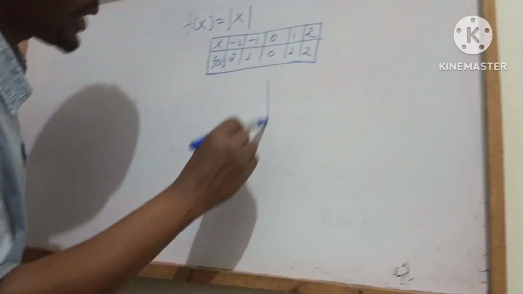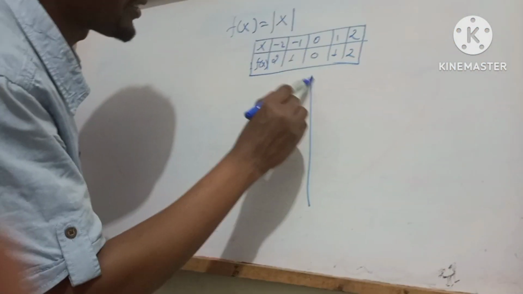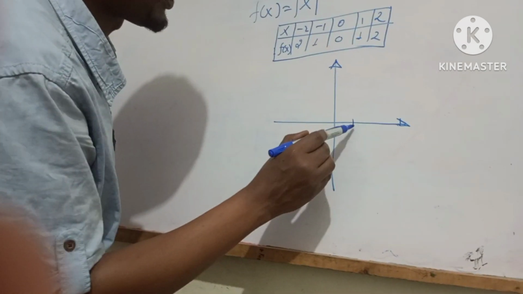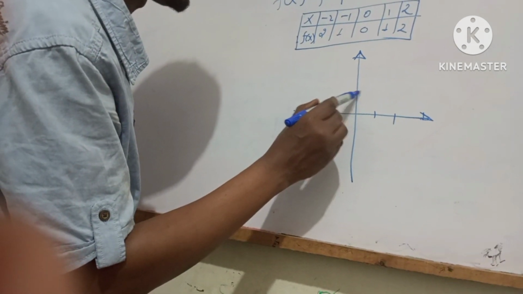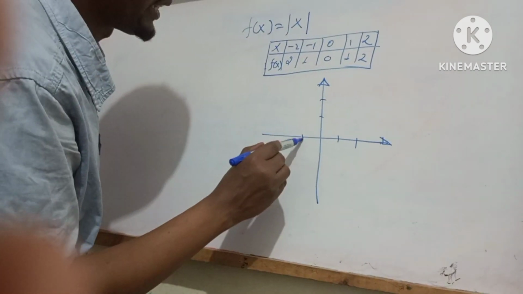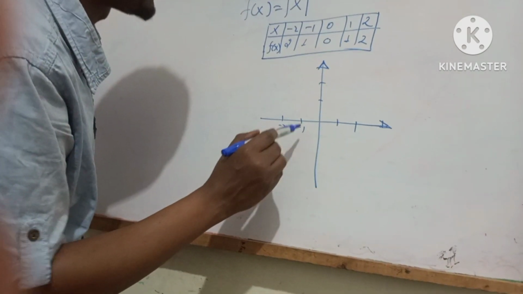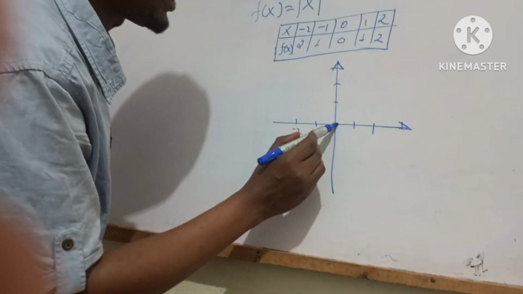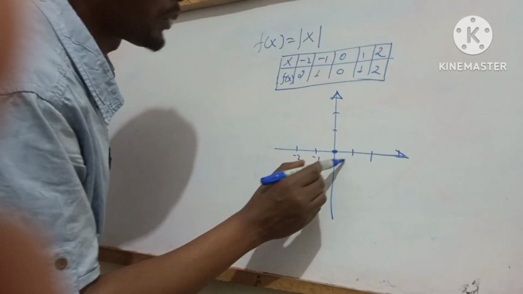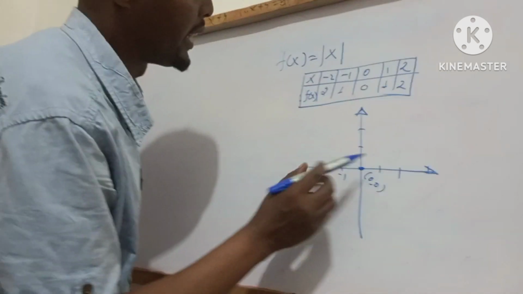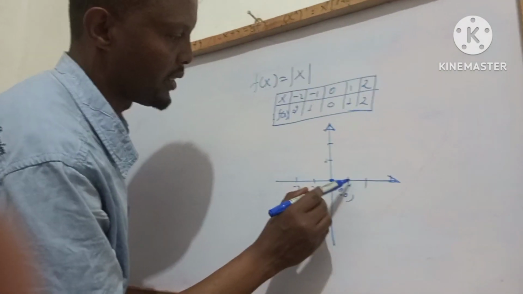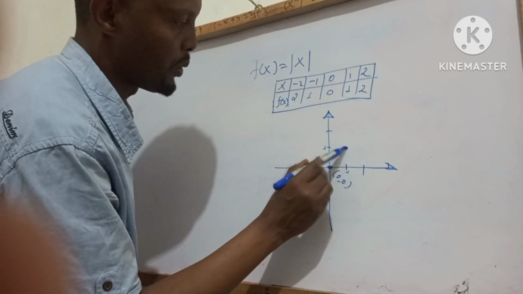Now we can draw our graph. This is 1, 2, negative 1, and negative 2. Here, when x is 0, the value of y is 0. We have this point 0, 0. And when x is 1, y is also 1. So we have this point.